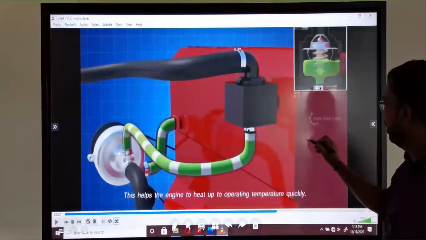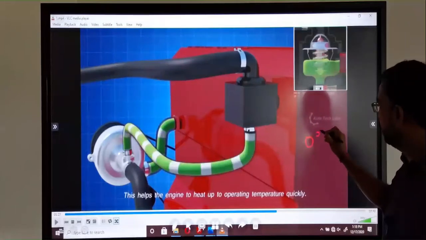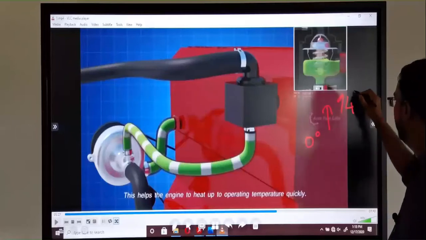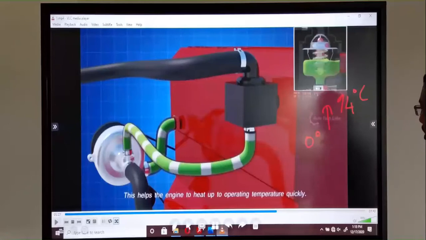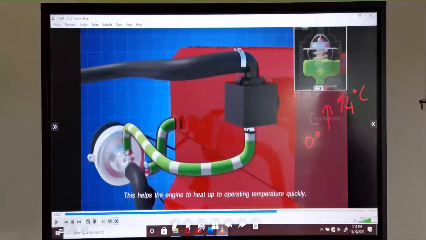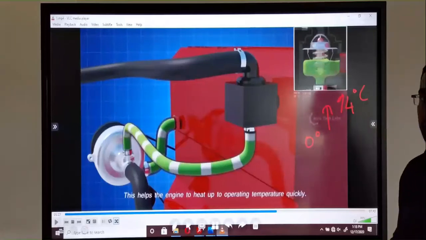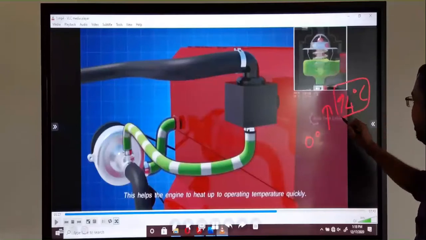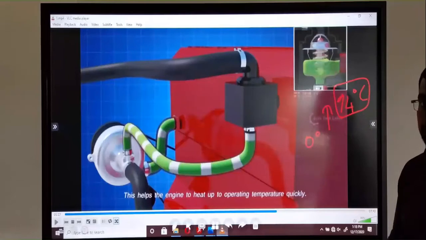Okay. So this temperature is increased from 0 to our working temperature, I mean 94 degrees. It's increased until it achieves 94 degrees Celsius. We don't need to cool the engine because the engine must work at this operating temperature.